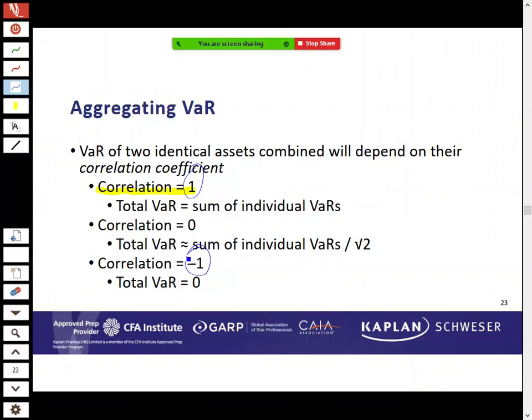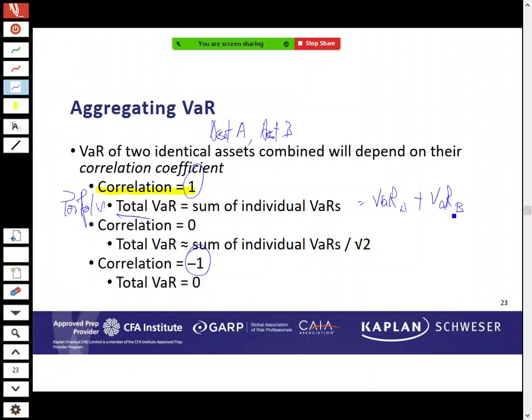When this correlation is 1, the total VAR, the portfolio VAR basically, is the sum of the individual VARs, right? If we have two assets, asset A and asset B, if they are perfectly positively correlated, the portfolio VAR will equal the VAR of asset A plus the VAR of asset B. No diversification, right?